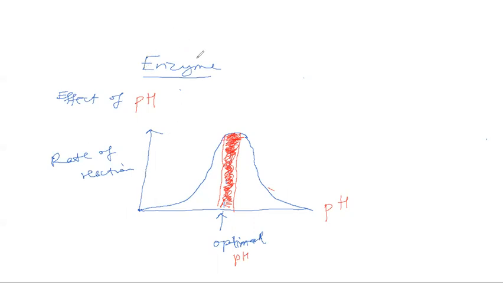One more effect that we're going to look at is the effect of substrate on the enzyme. When you draw the graph for this, it's going to look like this.